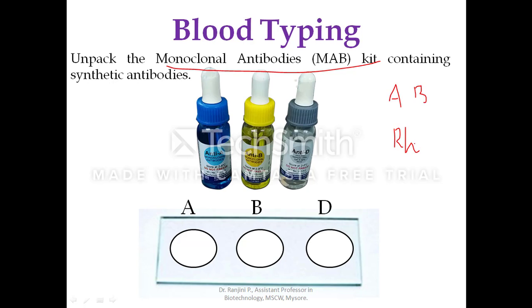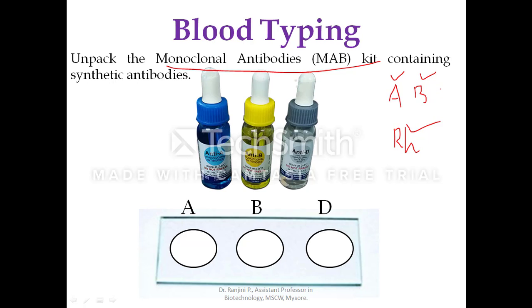In your theory classes, you would have learnt about the blood group antigens. The RBCs on their surface have either antigen A or antigen B. In addition to that, a few cells also have the antigen that shares similarity with the rhesus monkey, the proteinaceous substance that is present on the RBC. That is called the Rh antigen.